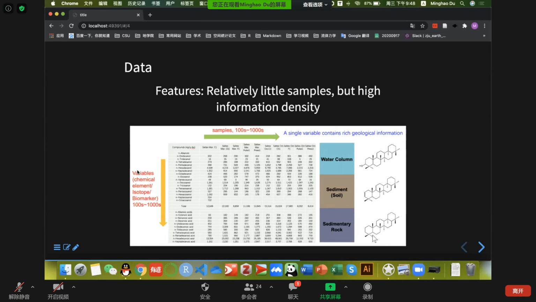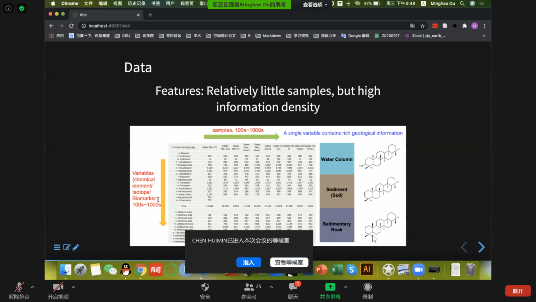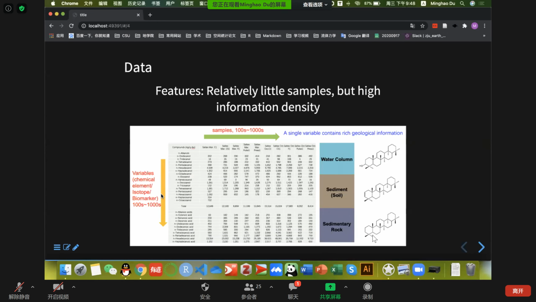The variables are chemical elements, isotopes or biomarkers, and there can be hundreds or even tens of thousands of variables. Each variable is very important because it contains rich geological information. However, it is difficult to collect samples. Usually, we have only hundreds of them.